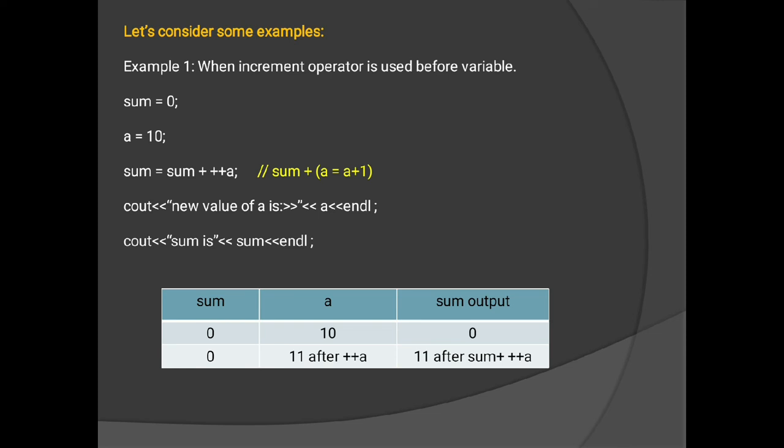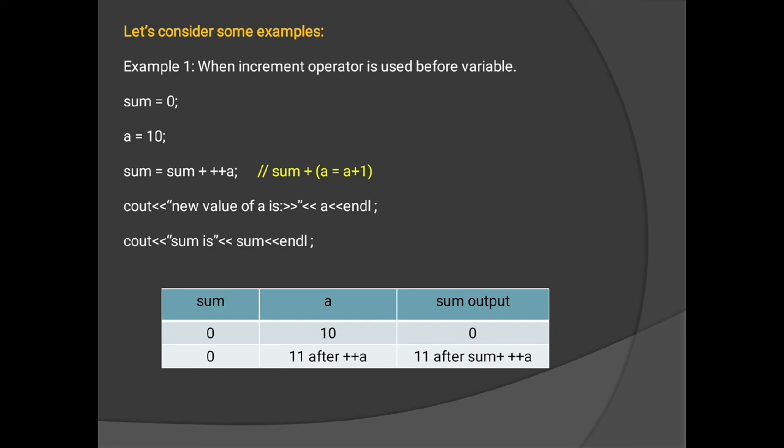So now a will retain the new value after addition, so that will be 11, not 10. In prefix, the new value is stored in the variable a. So sum also will become 0 plus 11, which is 11.